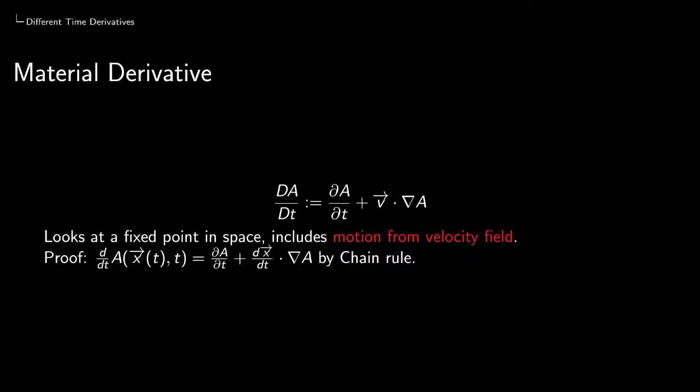You take the partial derivative with respect to time, and then apply the chain rule to the different spatial components. The derivatives with respect to those spatial components form the gradient, and dx/dt is the second part of the chain rule, which is equivalent to velocity. So we end up with partial a, partial t, plus velocity dotted with the gradient of a.